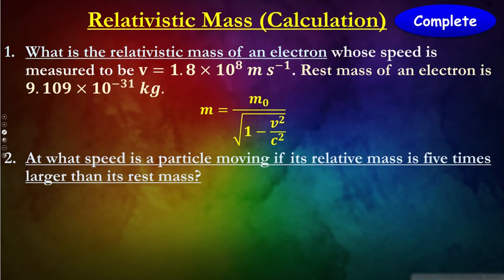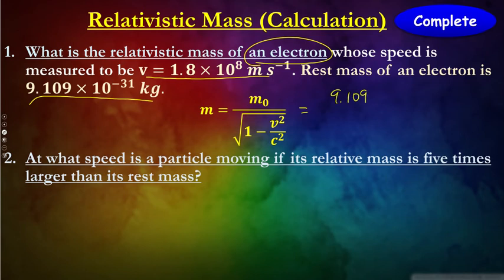Okay, so it says, what is the relativistic mass of an electron? We know the electron's mass, and we know that it's traveling at this particular velocity. The rest mass of an electron is 9.109 times 10 to the minus 31, over the square root of 1 minus the speed of our moving particle squared over the speed of light squared.